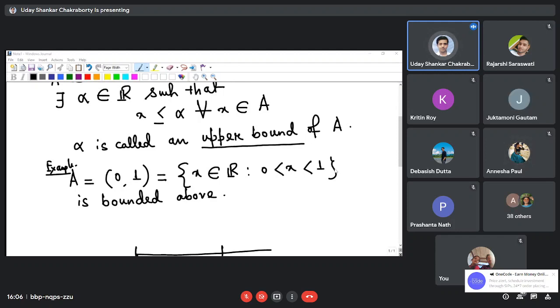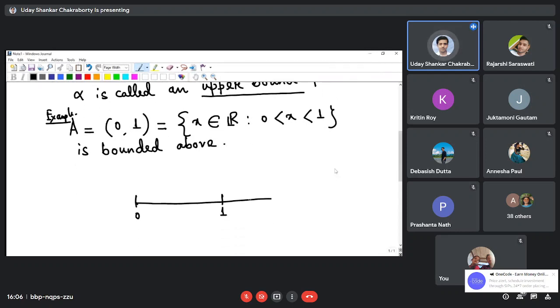Now, is the condition satisfied here? If I say 2 is equal to alpha, is alpha not greater than or equal to every element of this set? Yes. So this set is bounded above. Is it clear to you? Yes, sir.